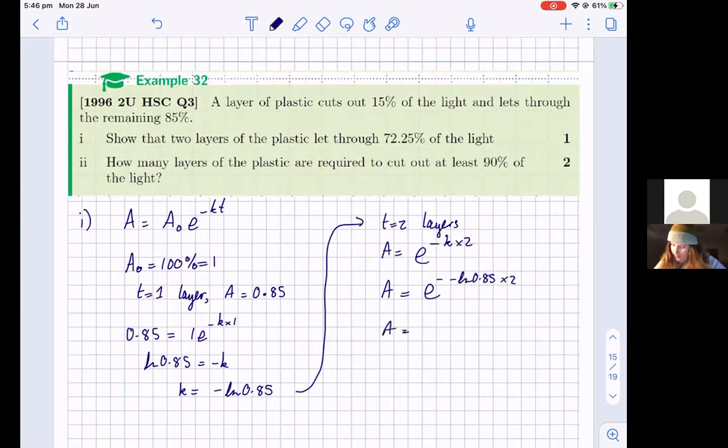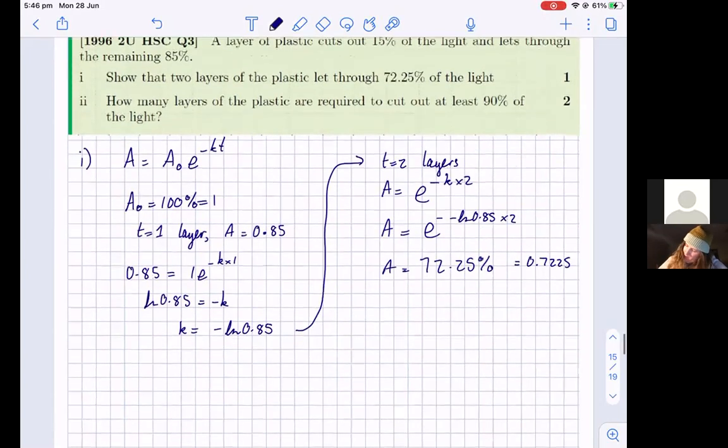So e to the minus negative ln 0.85 times 2, 72.25%. 0.7225. Hooray! My first instinct was correct.